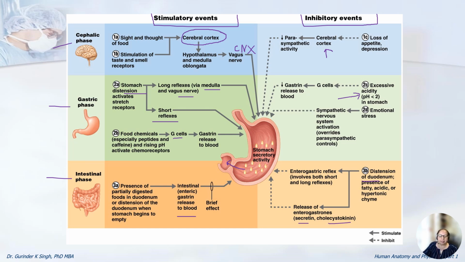These are produced by the intestinal cells, and their effect is going to be inhibitory on the gastrin release from the stomach.